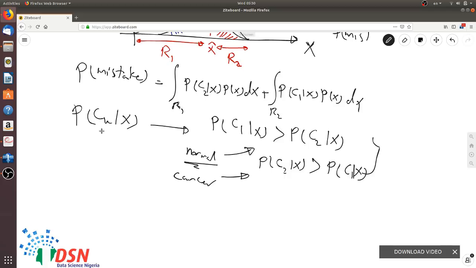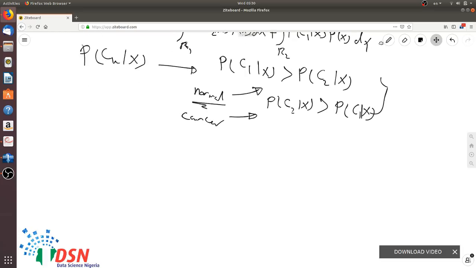But this maybe has some problem. Maybe we could make some improvement. What is the problem? In the cancer example, if somebody has cancer but we classify him or her as normal, it is so dangerous and much worse than somebody who is normal but we classify as having cancer.